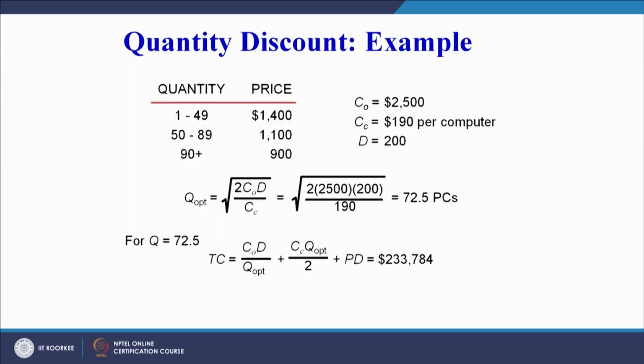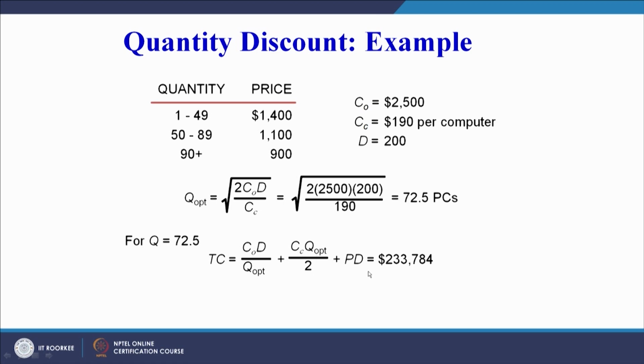So for Q equal to 72.5, we can now calculate the total cost. We know the price also. The price from here we can calculate: 72.5 pieces means it is lying between 50 and 89. So CO is known to us, the ordering cost, annual demand is 200, known to us, Q optimum is 72.5, carrying cost is also known to us, that is $190. Q optimum we have calculated.